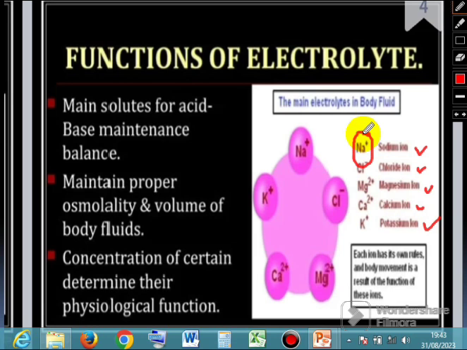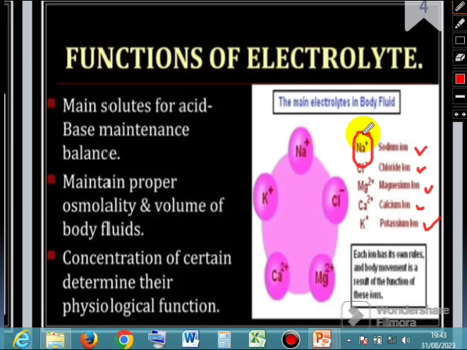It also helps in generating action potentials in nerve cells. Have you not done action potentials in neurons? The lecturer didn't teach you that?